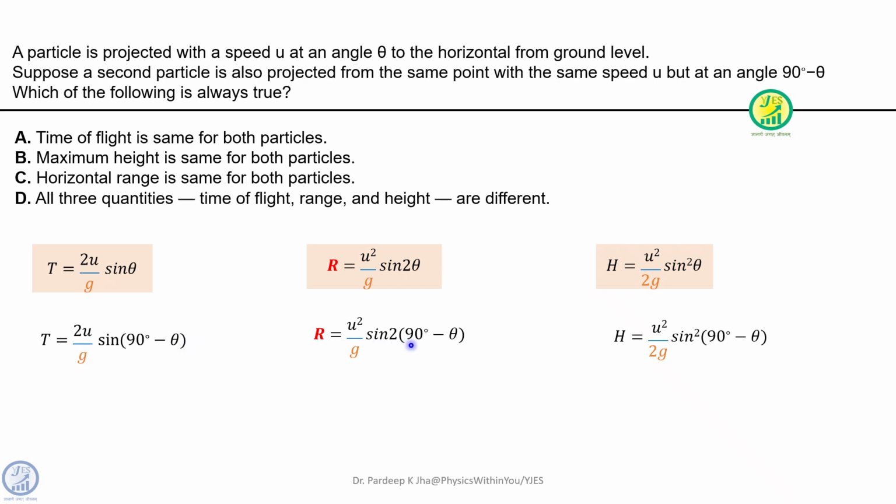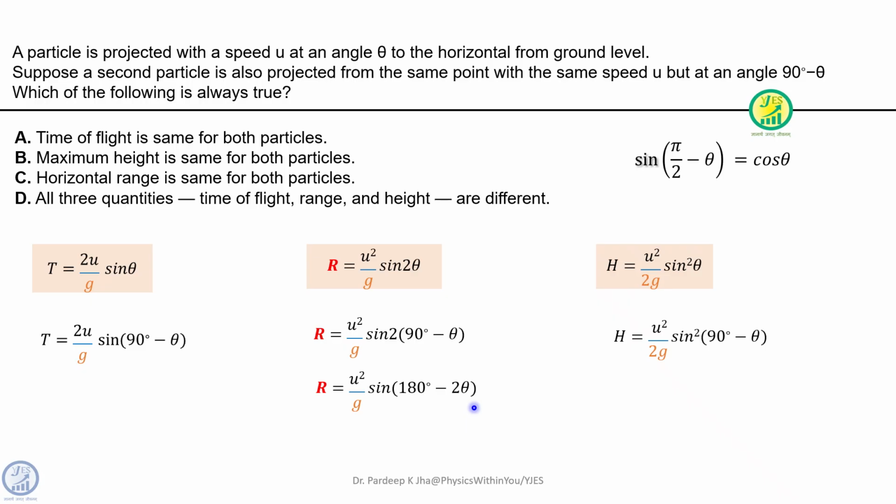Here you can again say 90 minus theta, but 2 is outside. Here it's sine square 90 minus theta. So if I do something with the 2, this 2 will go inside and it will become 180 minus 2 theta, right? So now I need to know two trigonometric relations, one for 90 minus theta, another for 180 minus theta.